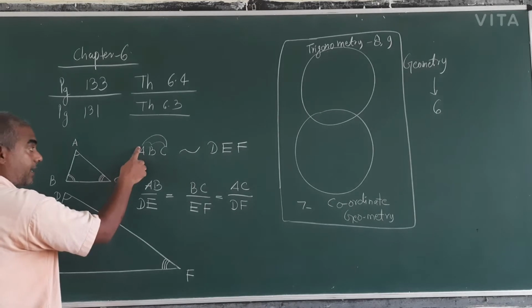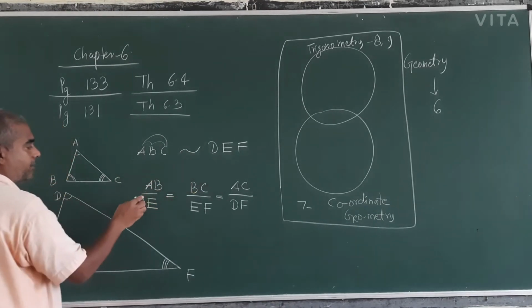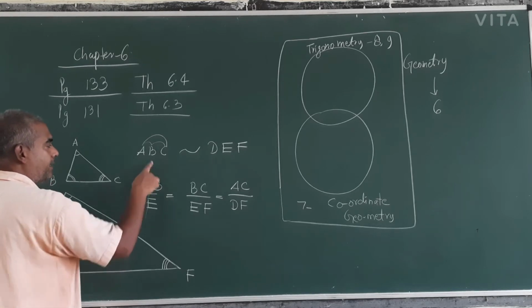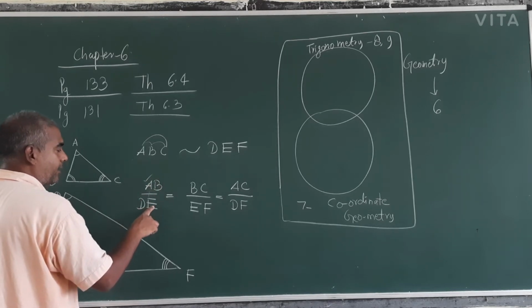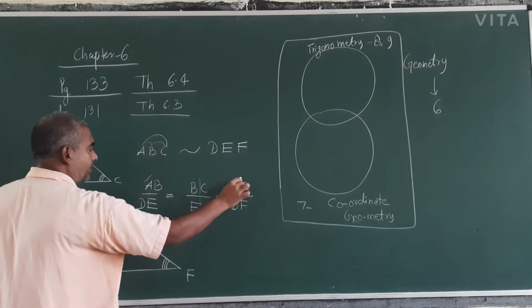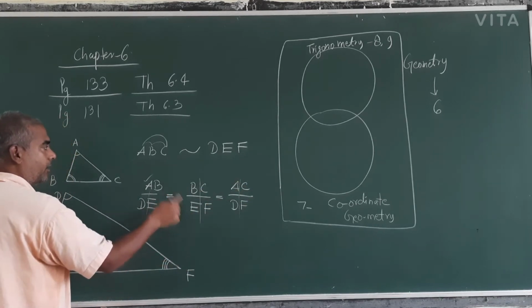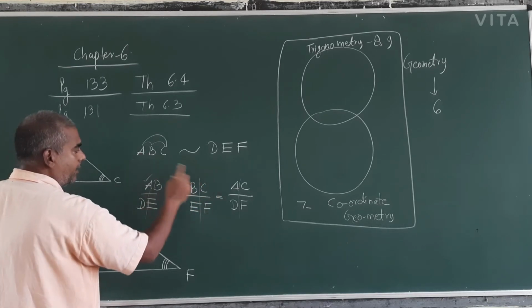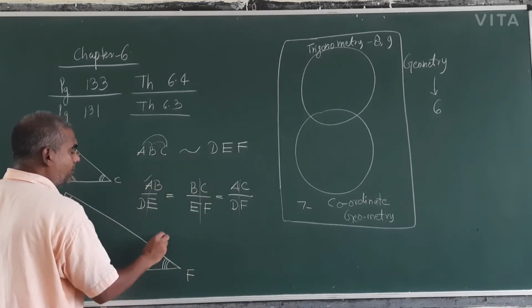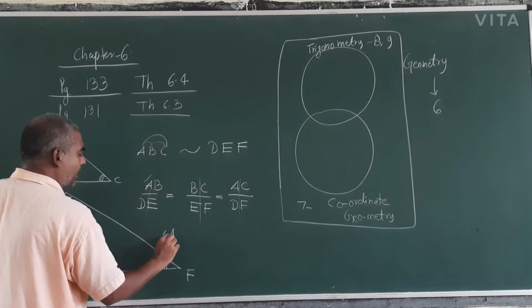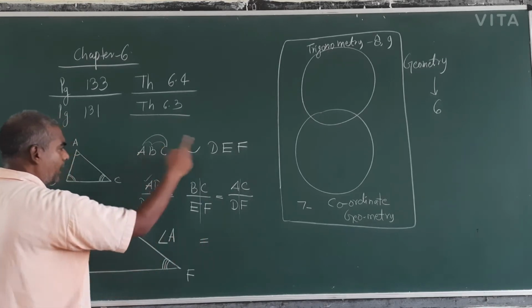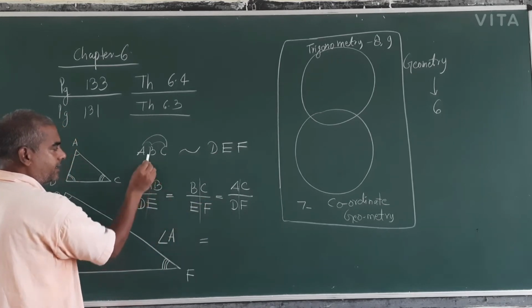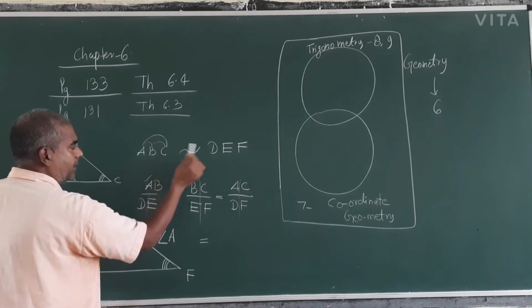Corresponding means angle A will be equal to angle D. So that's why where A is given, I have written D. Where B is written, I have written E. You may say B corresponding to E, A corresponding to D. So actually angle A equals angle D. So A and D, B and E, second and second, first and first, third and third.